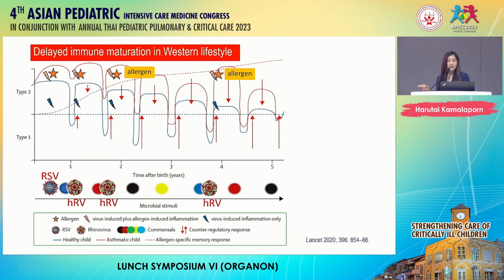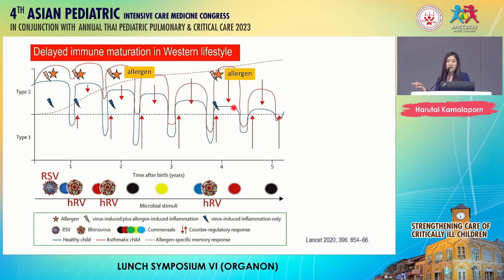But if they shift to the Western lifestyle, sitting in an air-conditioned room, playing games all the time, not exposed to any dirt, and living in a very, very clean room, the type 2 immune response is going to decrease more slowly from time to time.